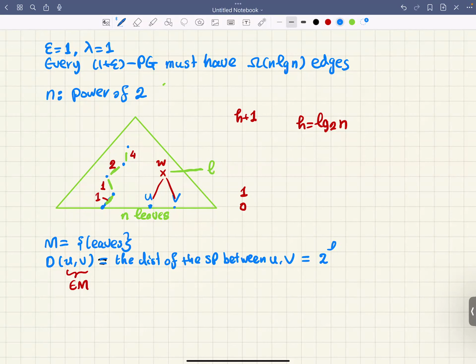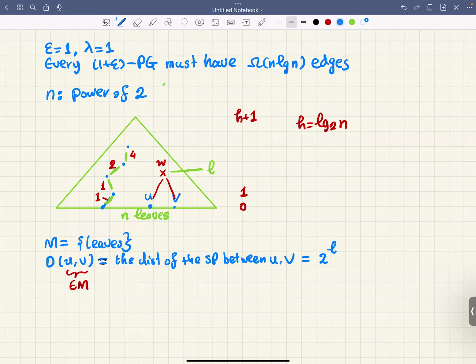The distance is simply 2 to the power of L. It depends on which level your LCA is, and the distance is precisely 2 to the power of that level. Well, let's have some quick examples. Oh, by the way, I forgot to mention u and v, of course, have to be different, because if they were the same, we are obliged to say the distance is 0. There's no other way around it.